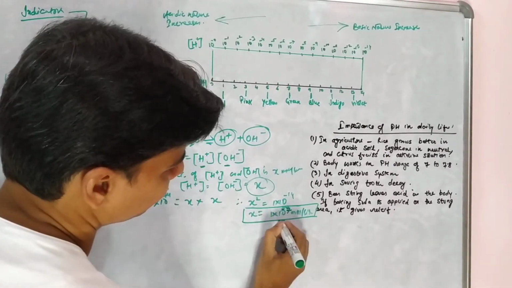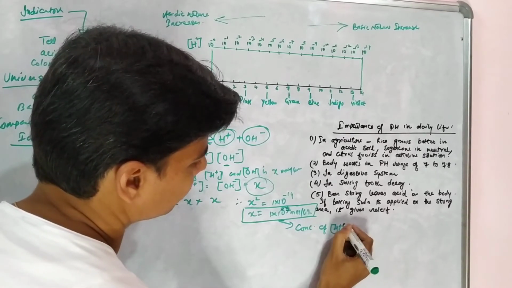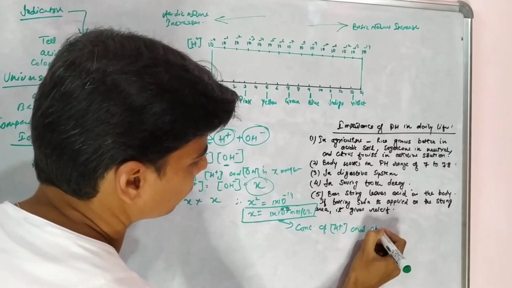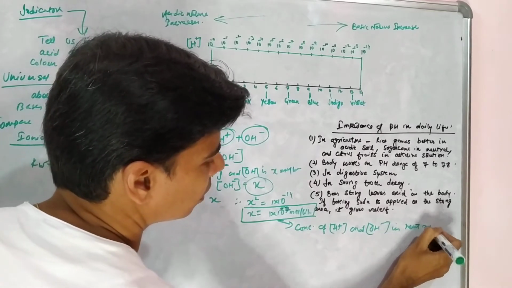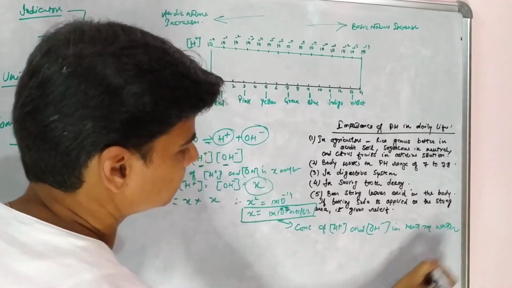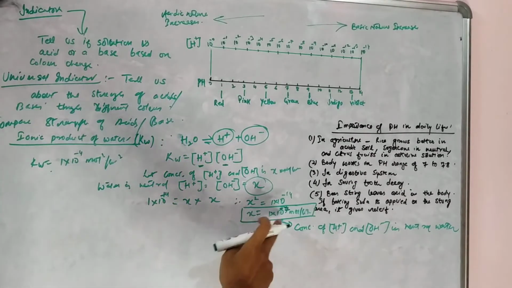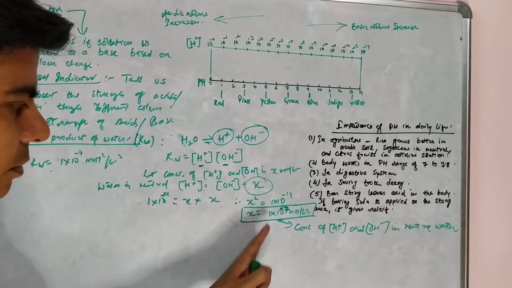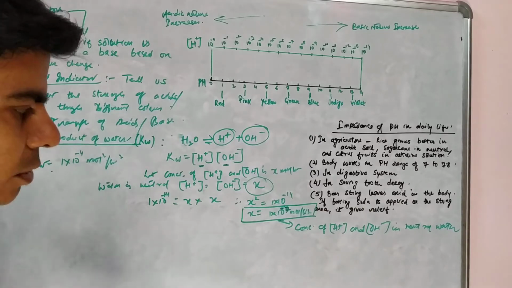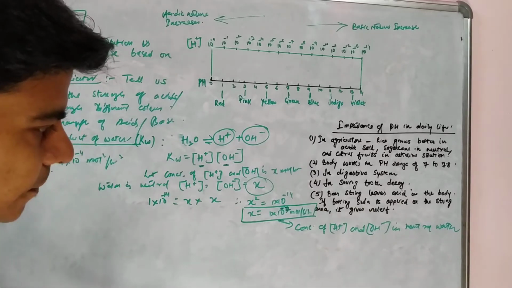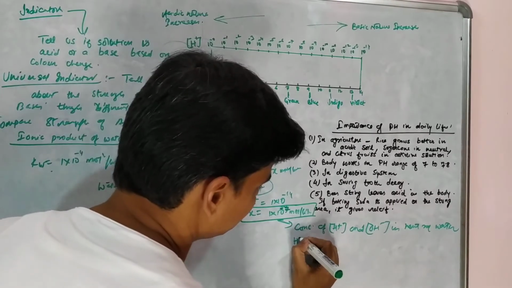This is the concentration of hydrogen and hydroxyl ions in neutral water. So in neutral water we have 1 into 10 to the power of minus 7 hydrogen ions and 1 into 10 to the power of minus 7 hydroxyl ions.